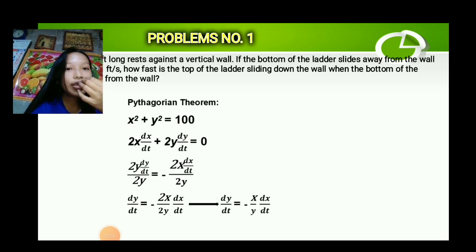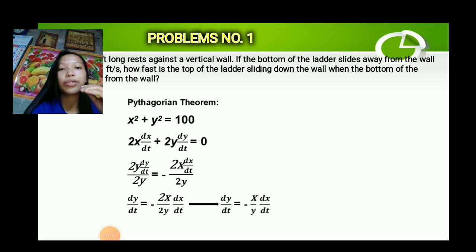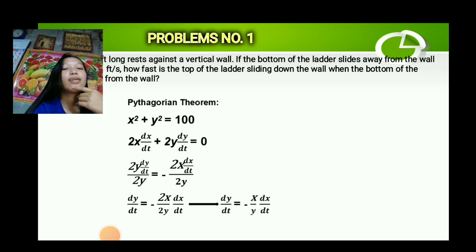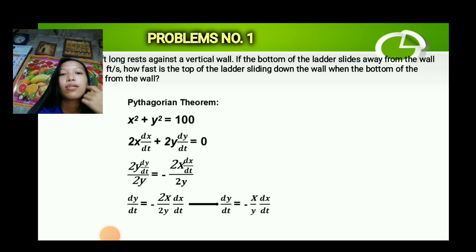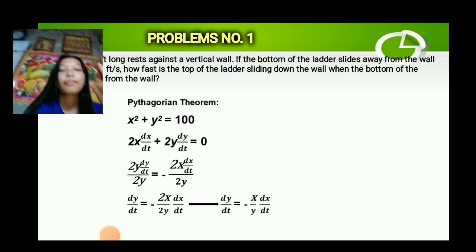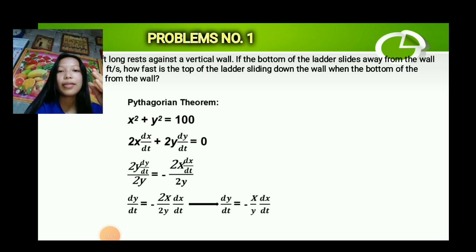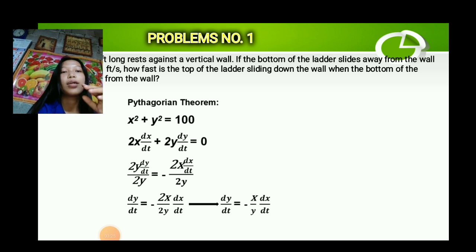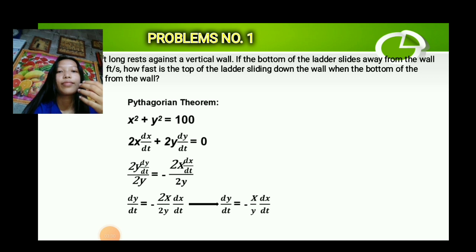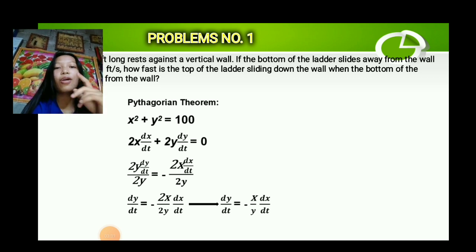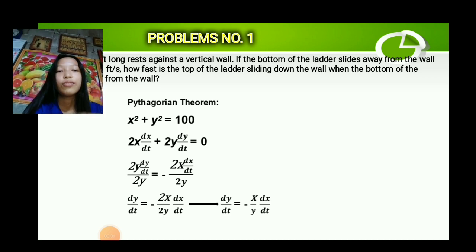We have x squared plus y squared equals 100, and the derivative of x squared is 2x, so that is 2x dx/dt plus the derivative of y squared, 2y dy/dt, equals 0. Why 0? Because the derivative of any constant is 0.